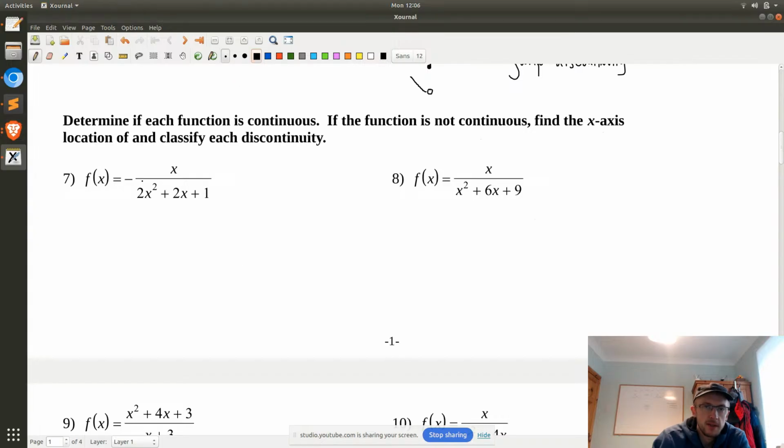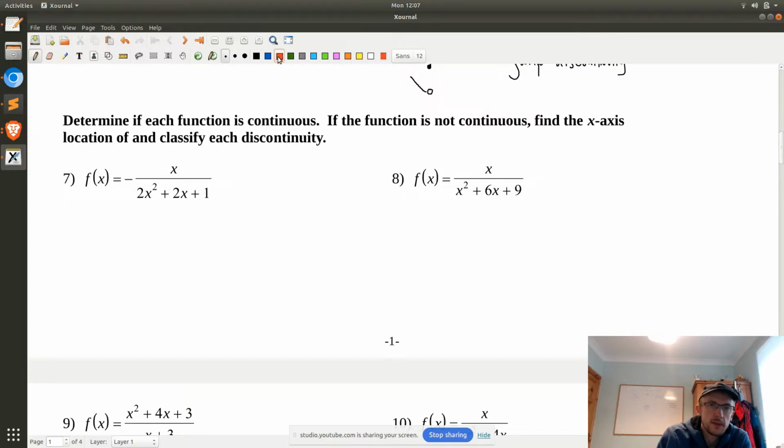Determine if each function is continuous. If the function is not continuous, find the x-axis location of and classify each discontinuity. So we have a quadratic in the denominator, and therefore if it has any zeros, the entire function will be discontinuous.